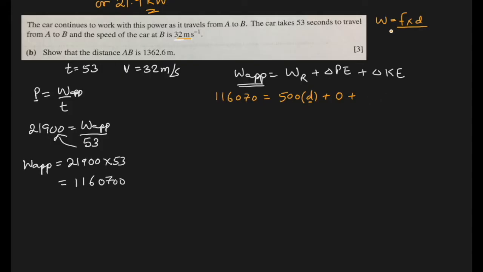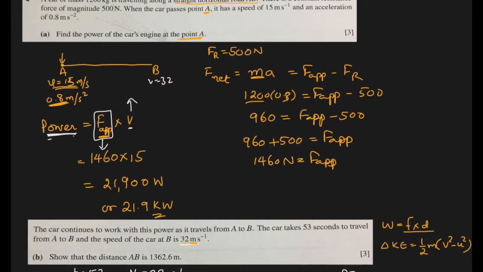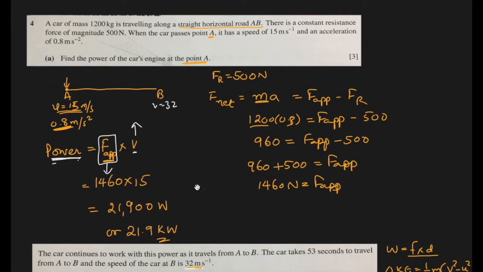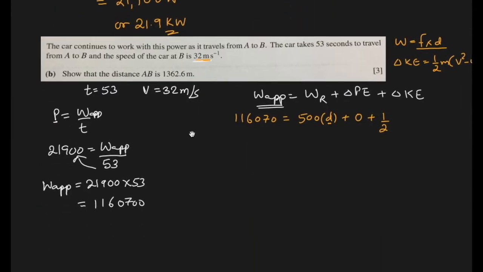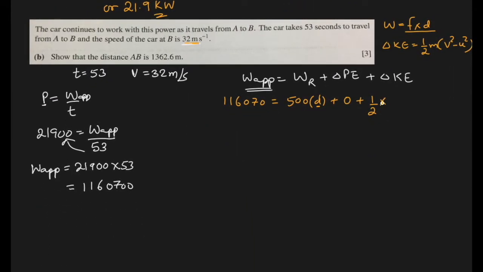So if you remember, we did in previous question number 1, delta KE is half m times v square minus u square. So half m, and the mass is how much? 1200, yes, 1200 is the mass. So times 1200, 32 square minus 15 square.